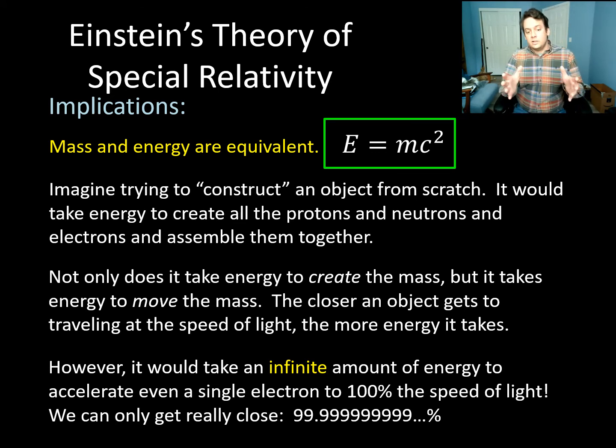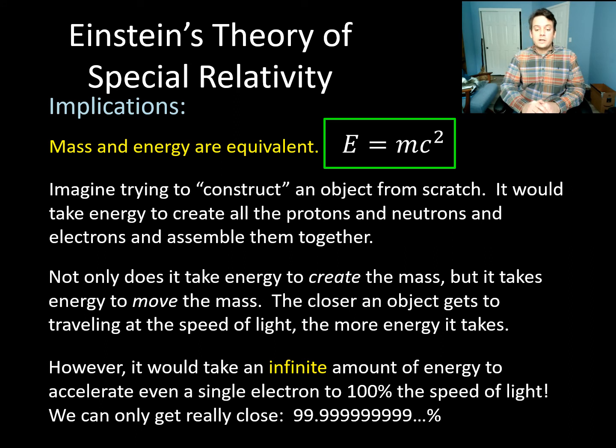And the result is that it would, in fact, take an infinite amount of energy to accelerate even a single electron to the full speed of light. So we can get really, really close. So as I've written here, 99.999999, however many 9s percent of the speed of light, we can get there. But it's impossible to get to the speed of light itself.